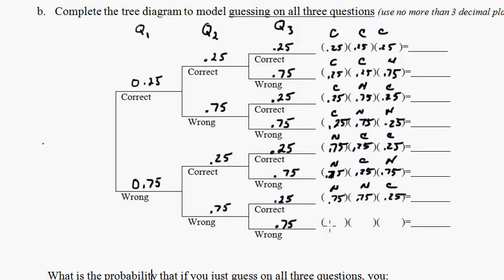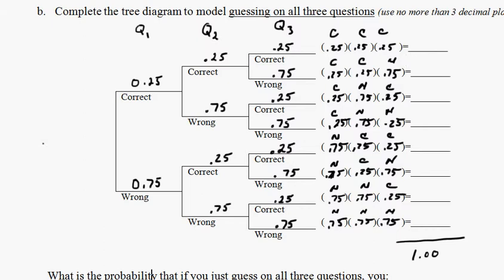And then not correct, not correct, not correct. So 0.75, 0.75, 0.75. So now these should add up to 1.